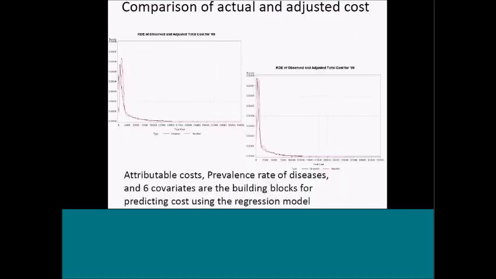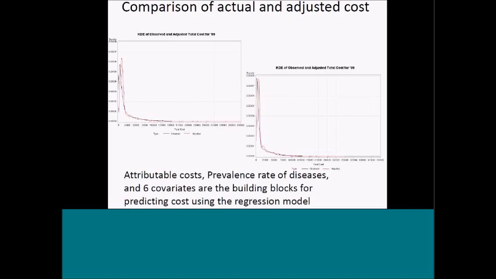The one in red is the kernel density estimate of the adjusted total cost, and the one in black is the actual cost. This is for 2009 and 1999. They're pretty much nicely overlapping between those two costs.